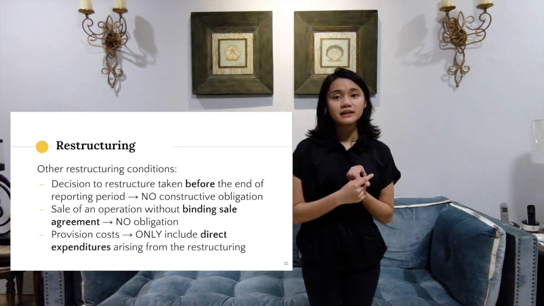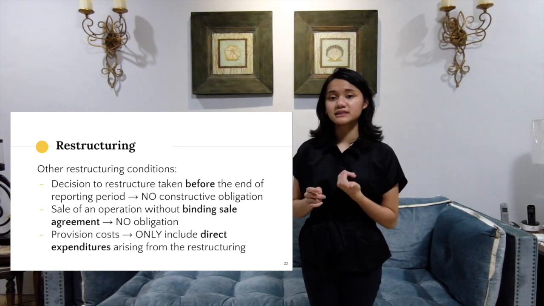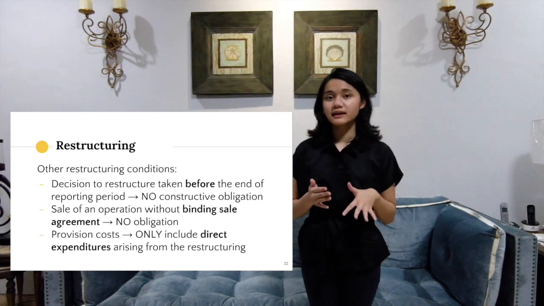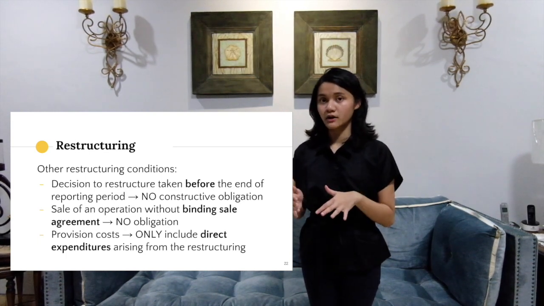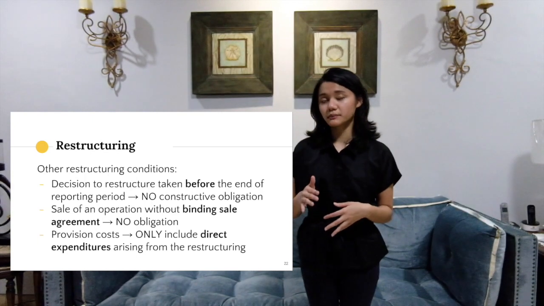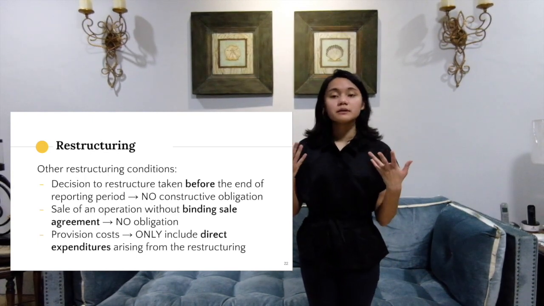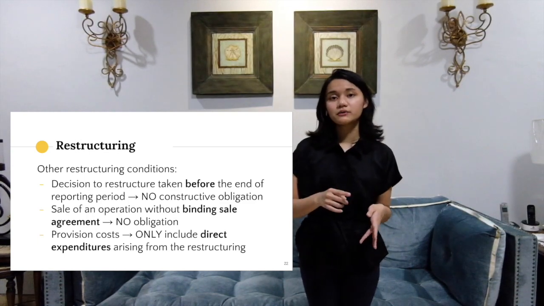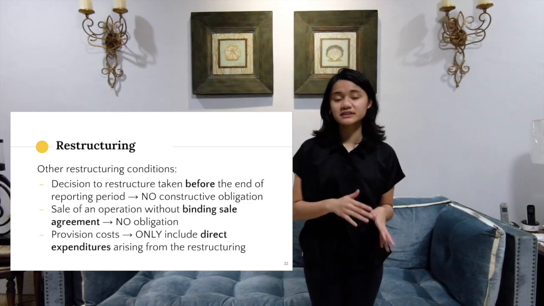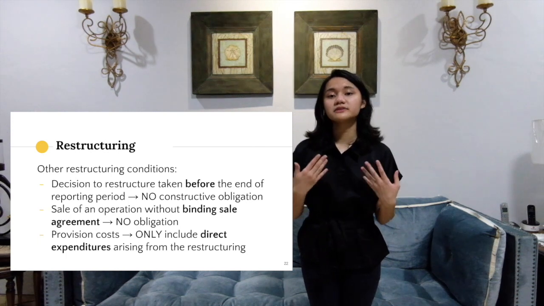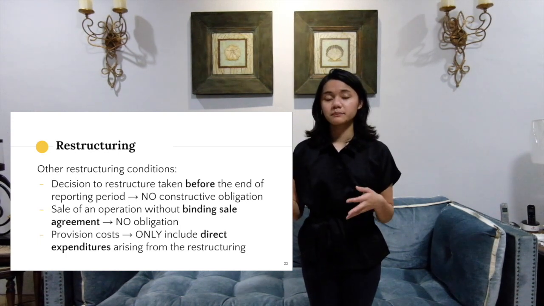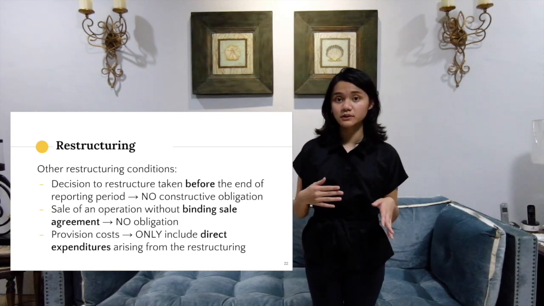And the third condition is that no obligation arises for the sale of an operation until there is a binding sale agreement or other proof that the entity is committed to the sale. So until there is a binding sale agreement, the entity will still be able to change its mind and indeed will have to take another course of action if a purchaser cannot be found on acceptable terms.